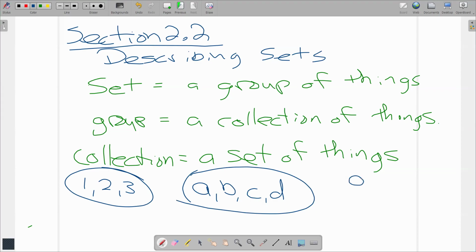This could be a set. It doesn't really matter whether I call it a set, a group, or a collection. They're just different words to describe the same thing. Ultimately, I have to show you. I could show you a set of chairs. I could show you a set of people, a set of flowers, a set of rocks.